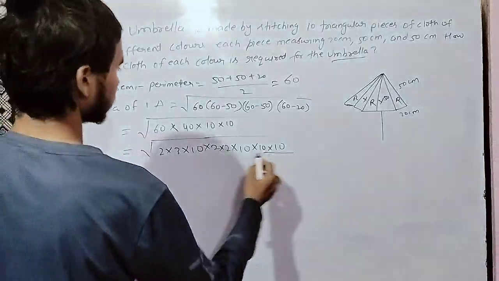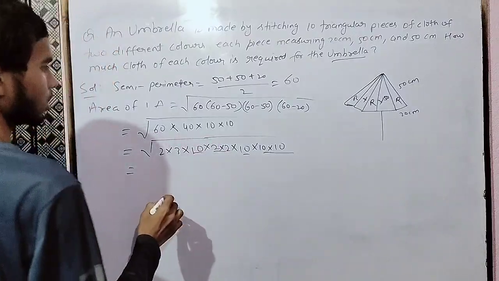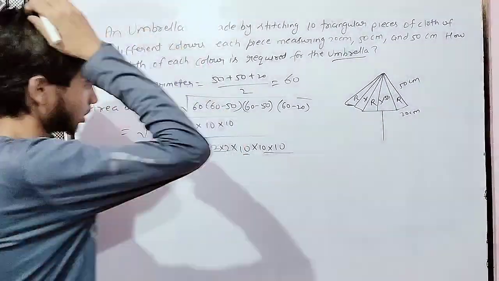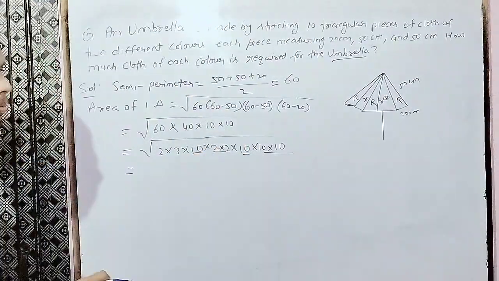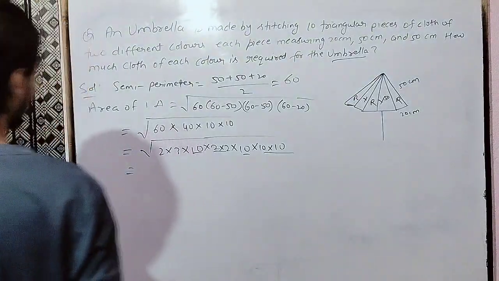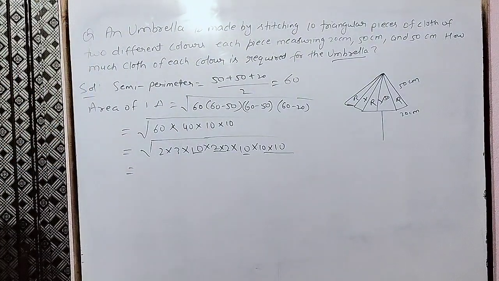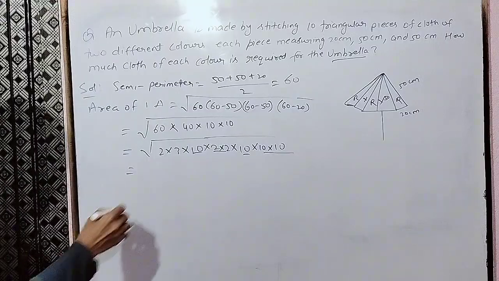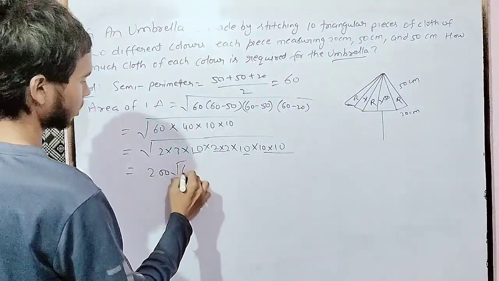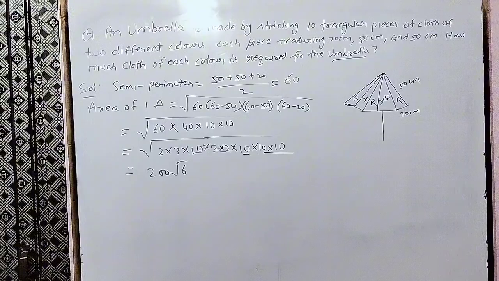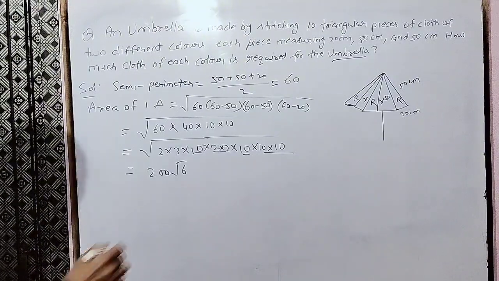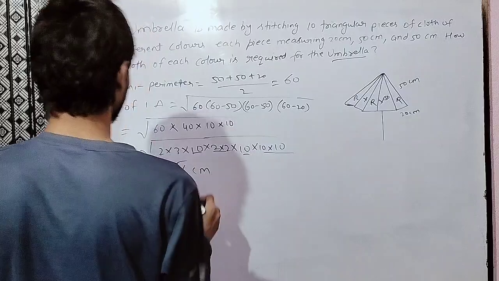Now what else? This and this. So here 10, 200, 200 multiplied by 2. It will be 200 under root 6. This is the total area.